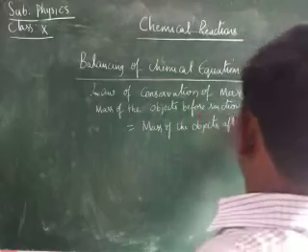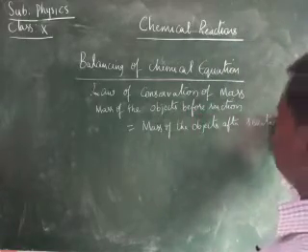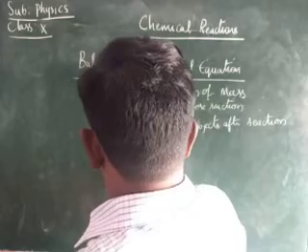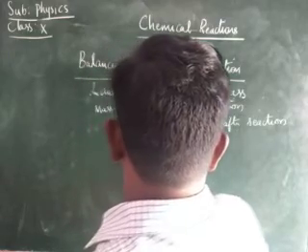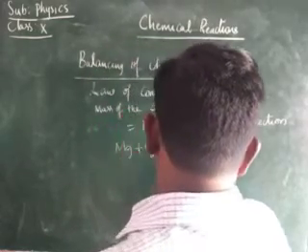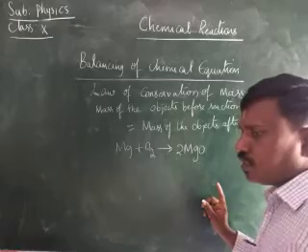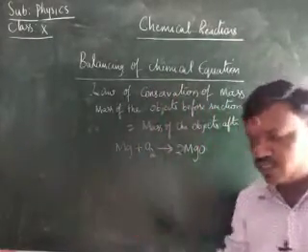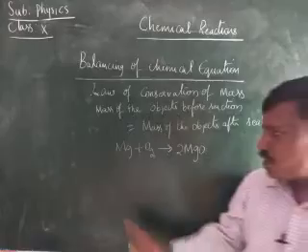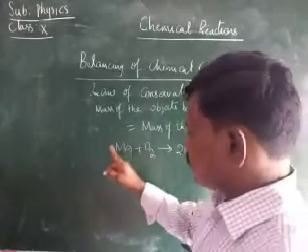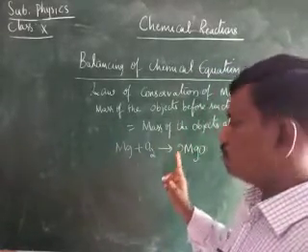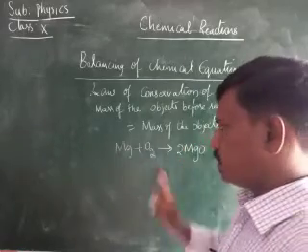That means, if we take an example of Mg plus O2 gives 2MgO, whatever the number of atoms present on the reactant side should be equal to the number of atoms on the right side, that is the product side, children.